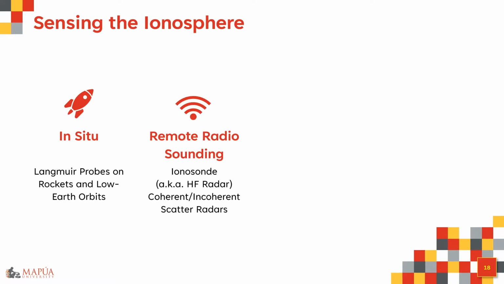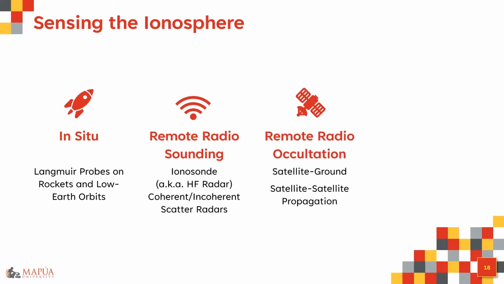You can also measure the ionosphere based on how it delays or refracts signals. In this case, we use satellite to ground, and sometimes satellite to satellite propagation. We can also observe the ionosphere using optical techniques.